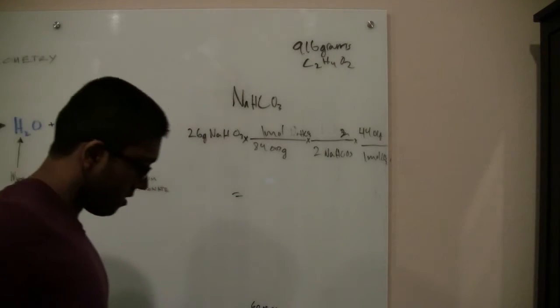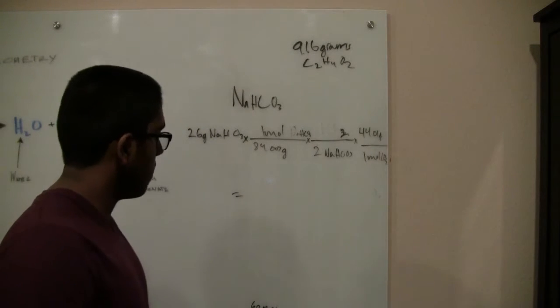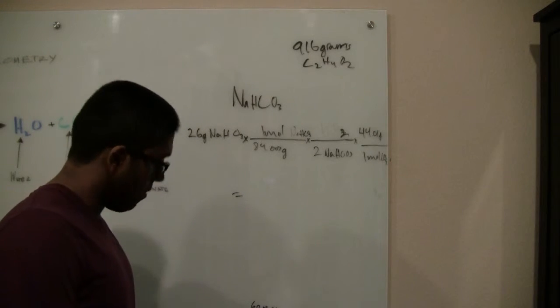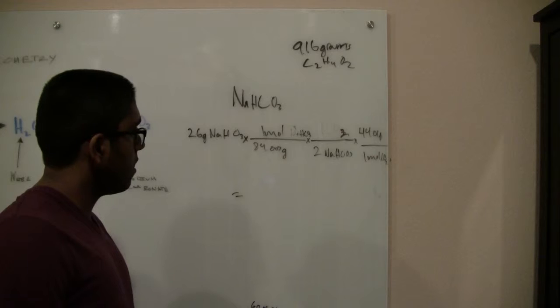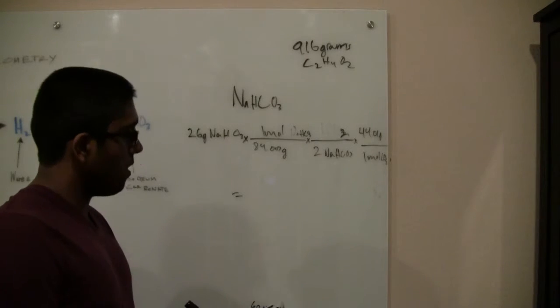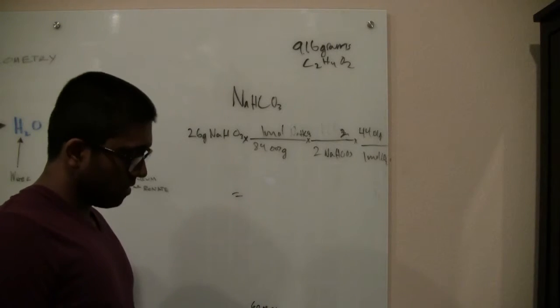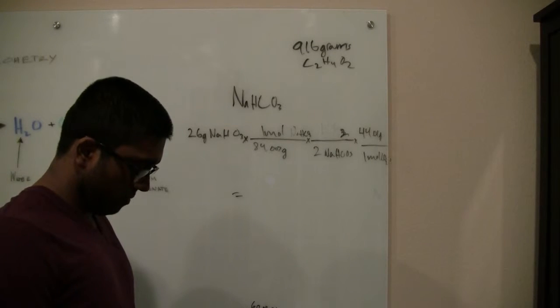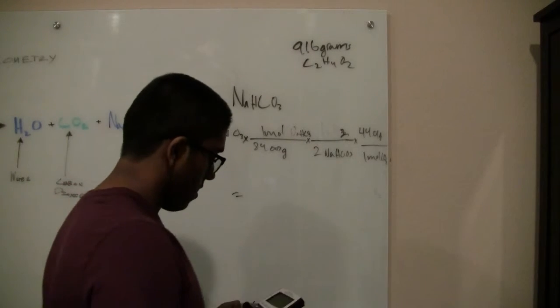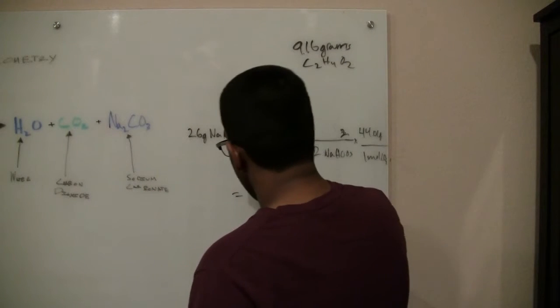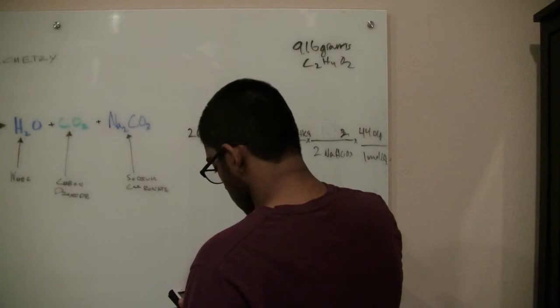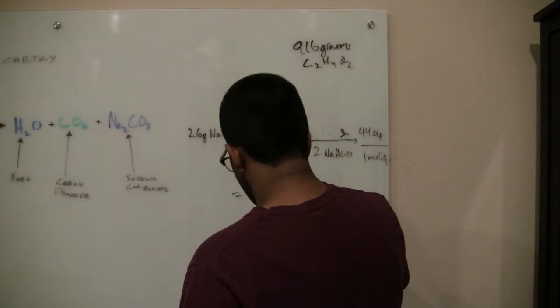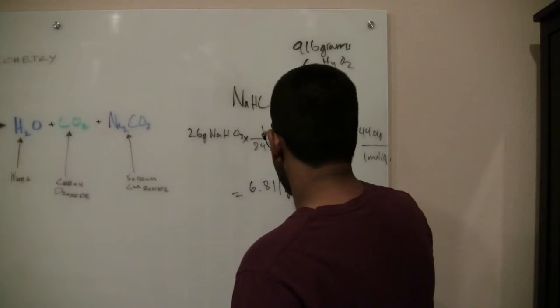So 26 divided by 84.007 times 1/2 times 44.01, and that would be 6.811 grams.